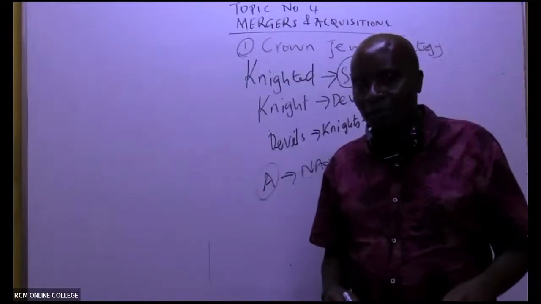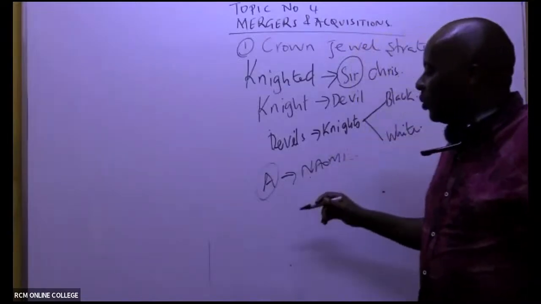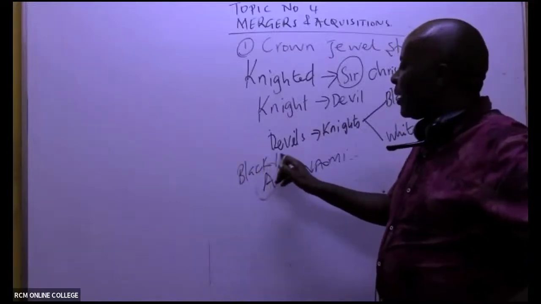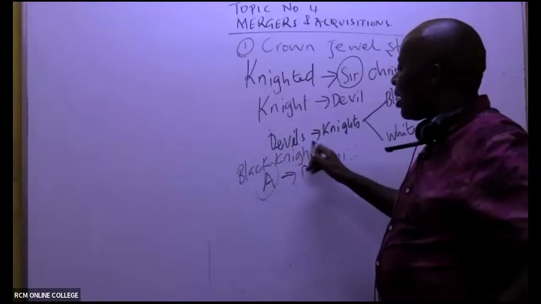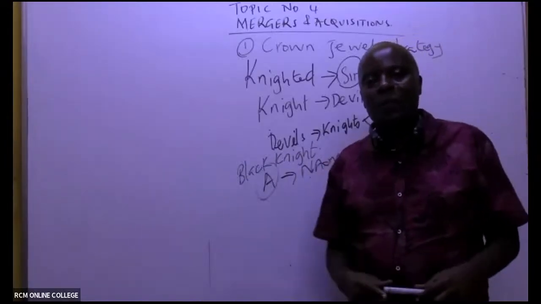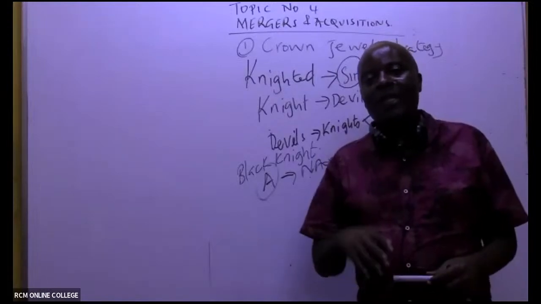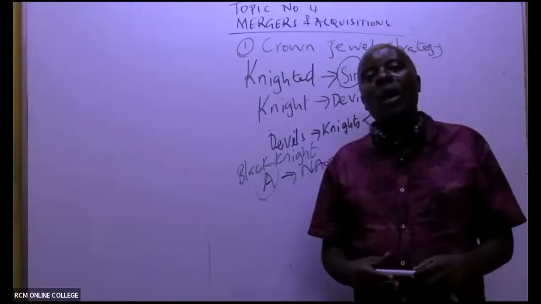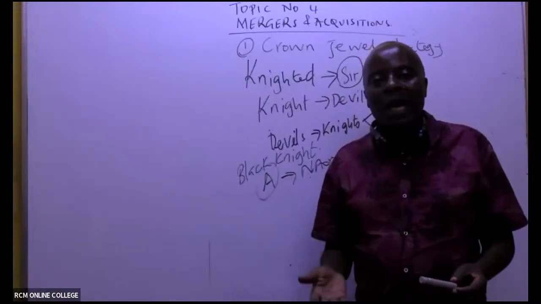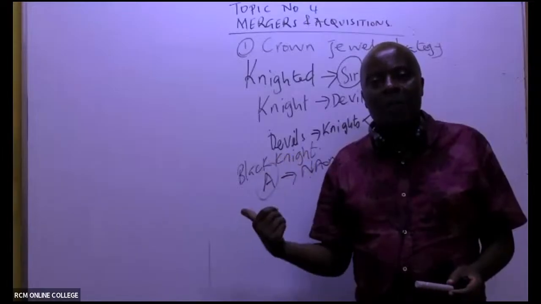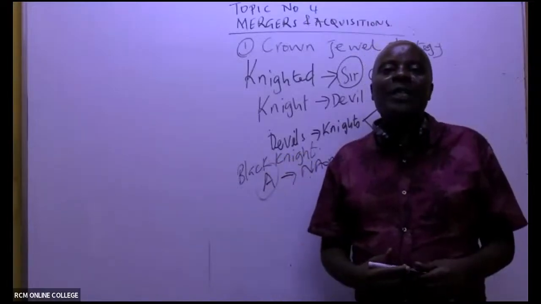So this A that you do not want automatically will be a black knight. A black knight is a black devil. You can imagine the devil himself is black, and then you are adding the word black there. So one of the ways that you can easily run from this particular black knight, this particular black devil, is to choose another gentleman.